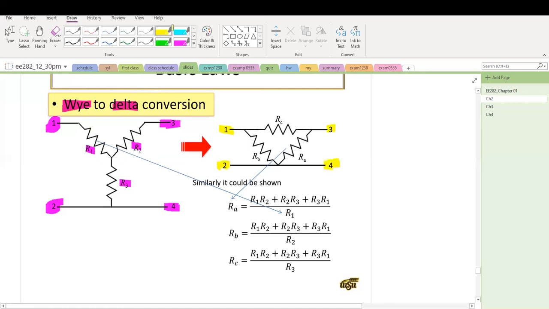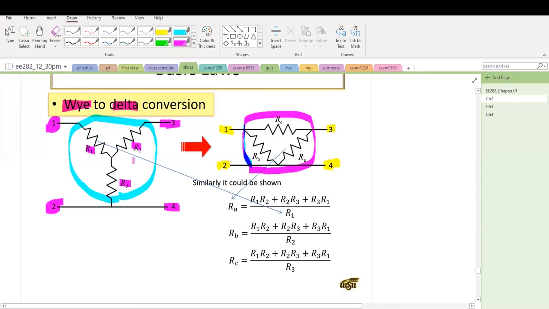So I'm going to just circle this Y connection here. This connection will be converted into this connection. This is a Y connection, this is a delta connection. So now we need to figure out the values of RA, RB, and RC.